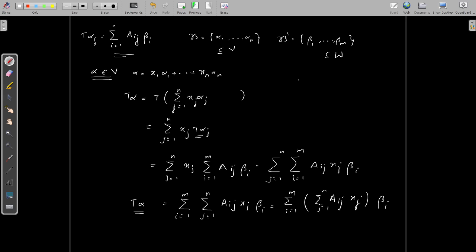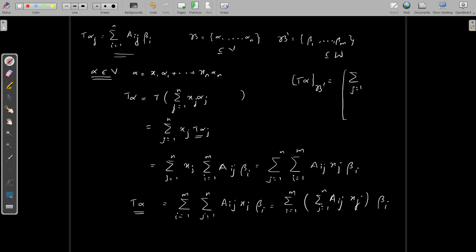Okay, so the coordinates of T alpha with respect to B prime can be written as follows. For i equal to 1 you get the first entry, and for i equal to 2 you get the second entry.